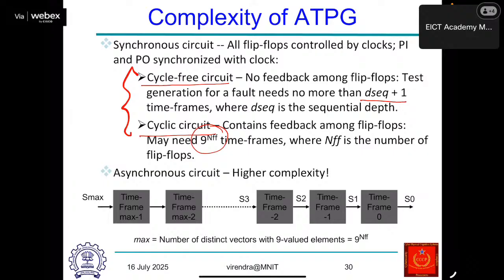That is for sure going to give us the test vector if possible in a combinational circuit, but that is not always applicable in a sequential circuit. So the 9-value algorithm is the one which is going to give us the solution. And you have also discussed the time frame expansion algorithm for sequential circuits. With this, we are having our first session over.